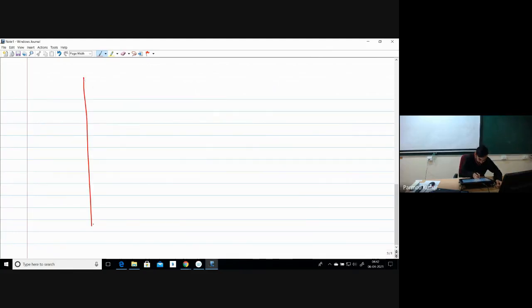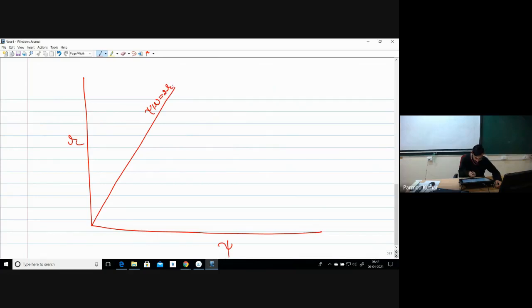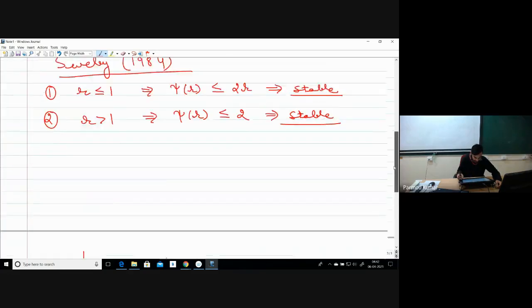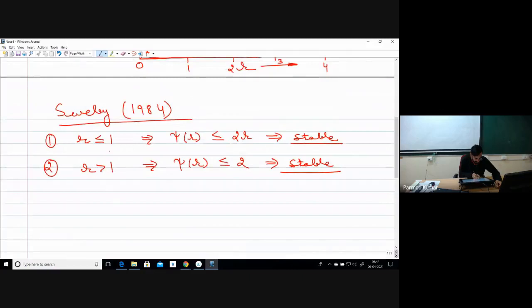So this is my r, this is psi. First I have to plot the line with equation psi(r) equal to 2r. Say this is the line I am plotting over here. This limiting value for r less than or equal to 1 is psi(r) less than or equal to 2r.